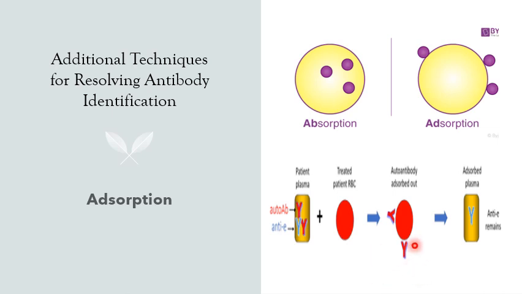Then the antigen-antibody complex will form a solid precipitate, and the precipitate will be separated through centrifugation. And then, the adsorbed plasma or serum can be tested against RBC panel cells.